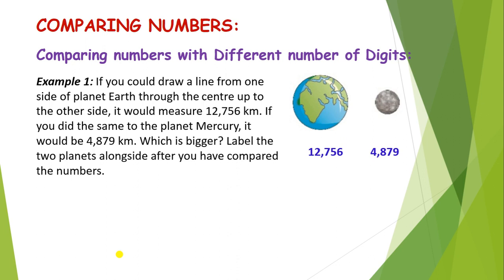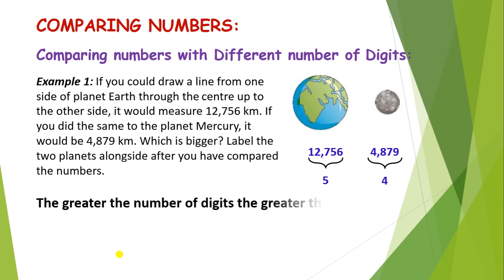So let's count the number of digits. In the first number there are 5 digits and in the second number there are 4 digits. So here you can compare the number of digits. The greater the number of digits, the greater the number. The number which has more digits is the greater number.